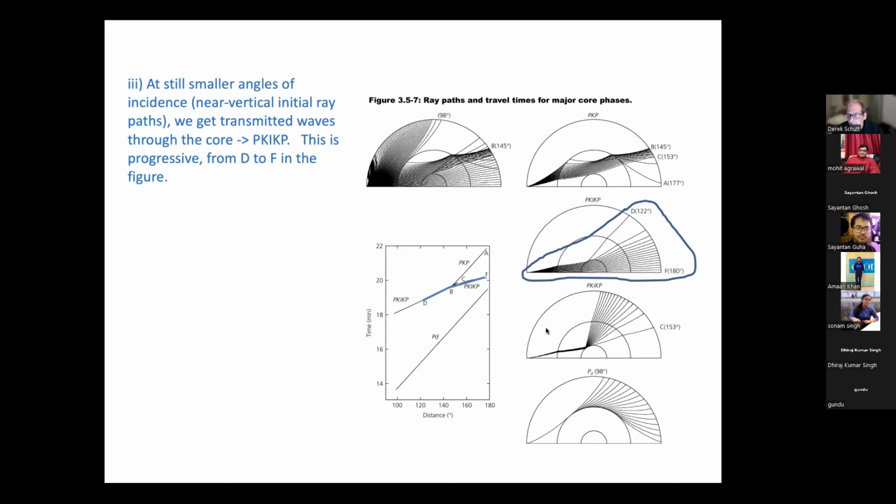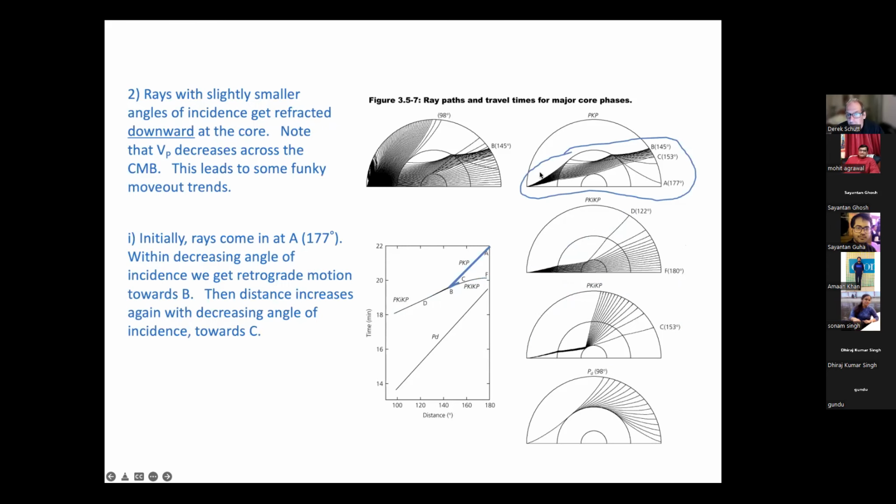And how do you relate these pictures to the plot on the left? So this is a travel time versus distance plot. As I go to shallower and shallower angles of incidence, I initially start out getting rays that follow the ray path given by A. Then I go from A to B, which is retrograde motion.